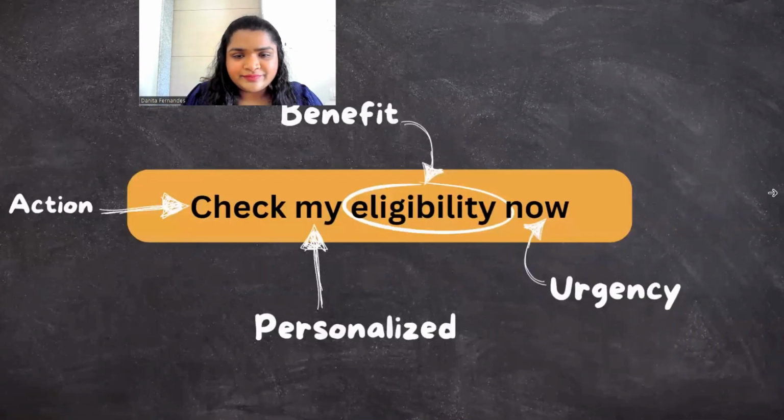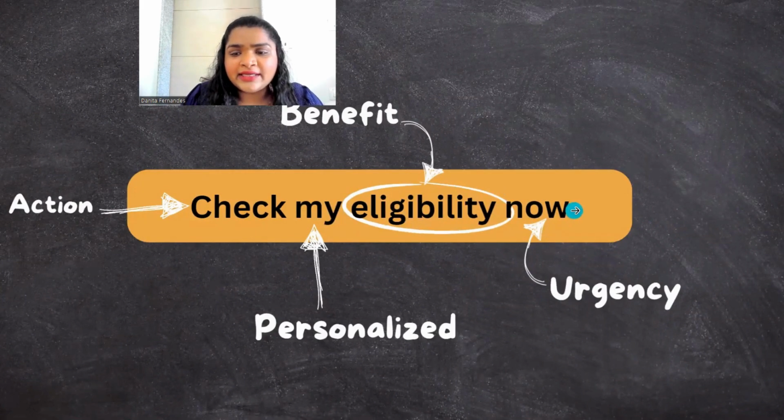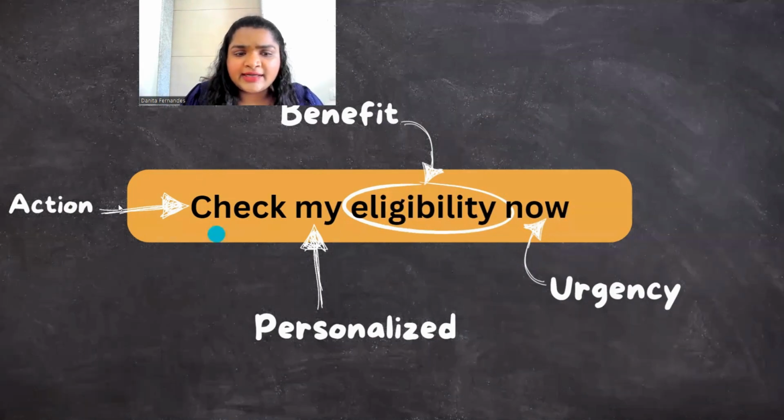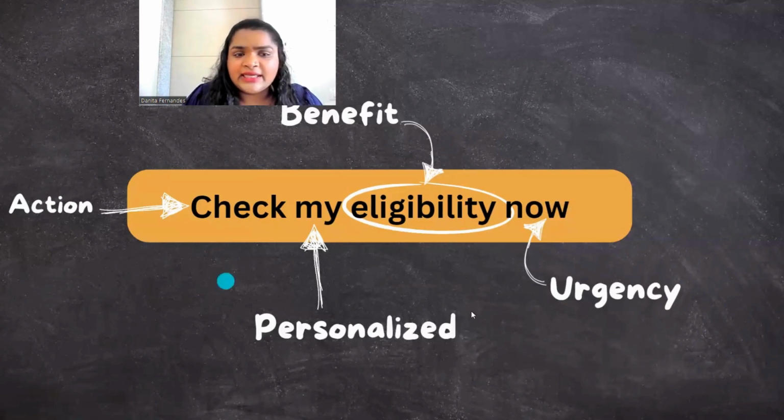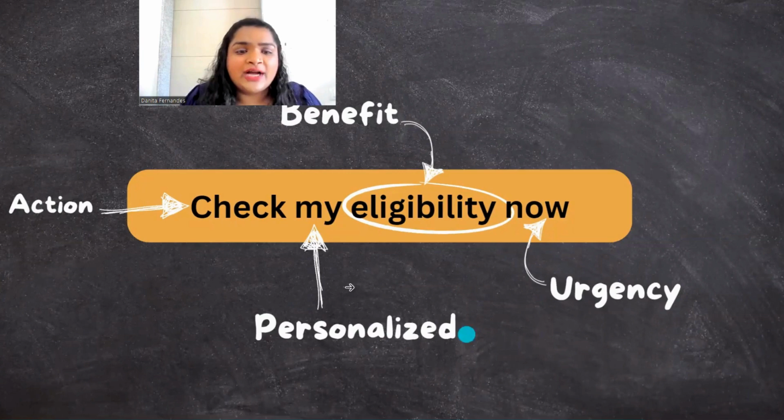So, check my eligibility now. Check, action. My, personalized. Eligibility, it's promising a benefit. And now, urgency. And the CTA is clear enough, right? So this CTA has all the elements of a hardworking CTA. Check my eligibility now.